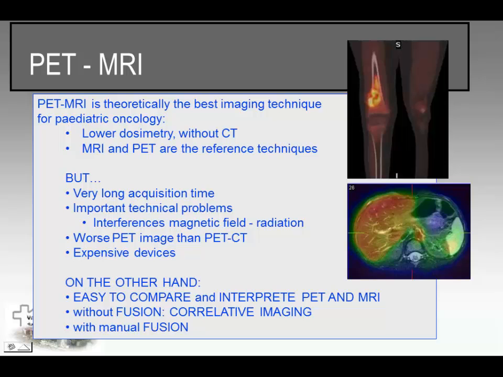And on the other hand, for us, it's quite easy to compare and interpret the PET and the MRI separately without fusion, making a correlative imaging, or with manual fusion. And well, sometimes if we don't have these devices, we can use both techniques to make our report.